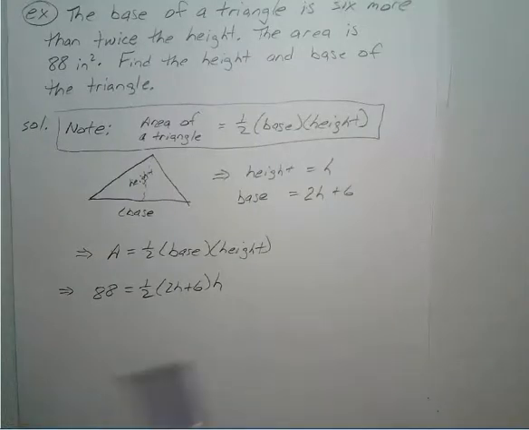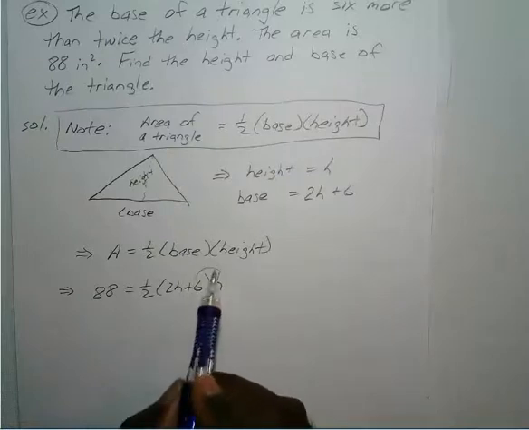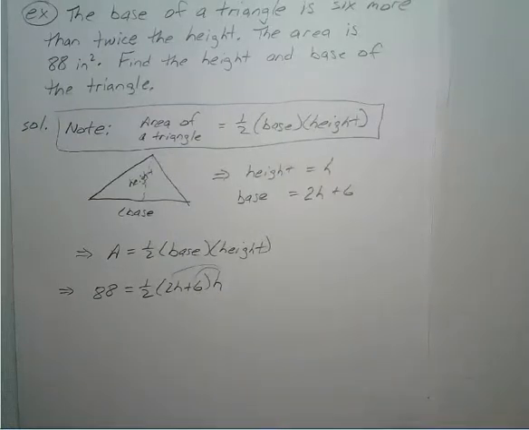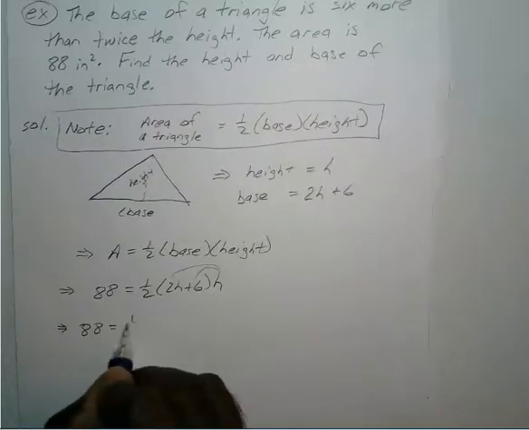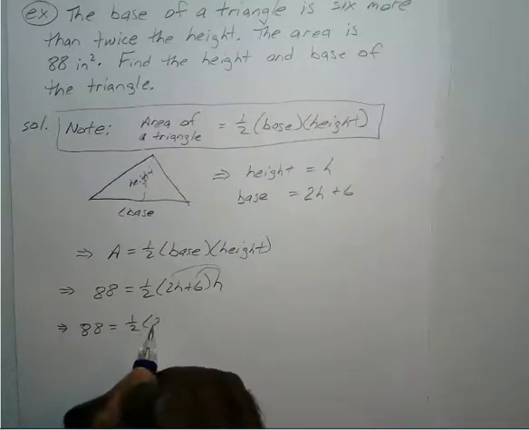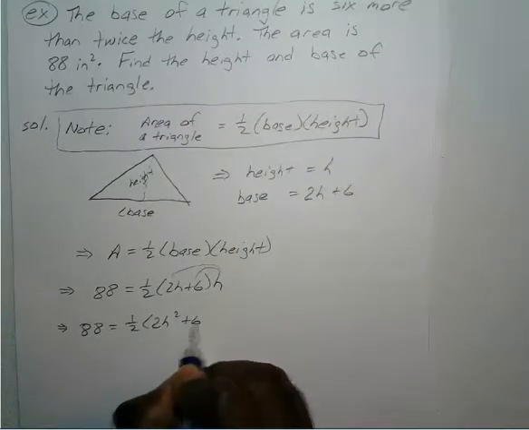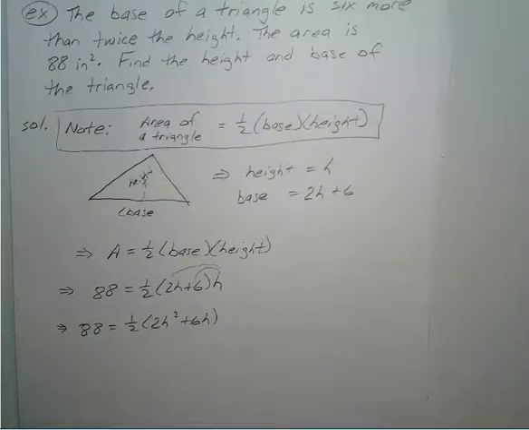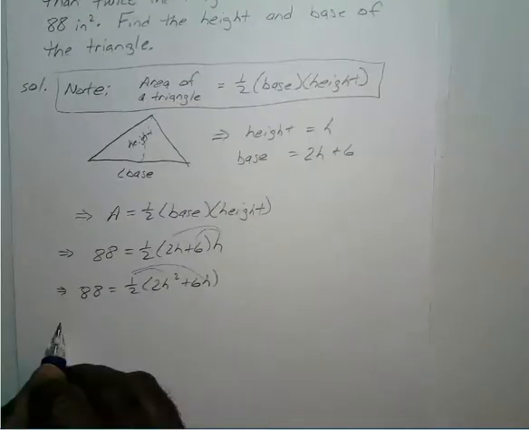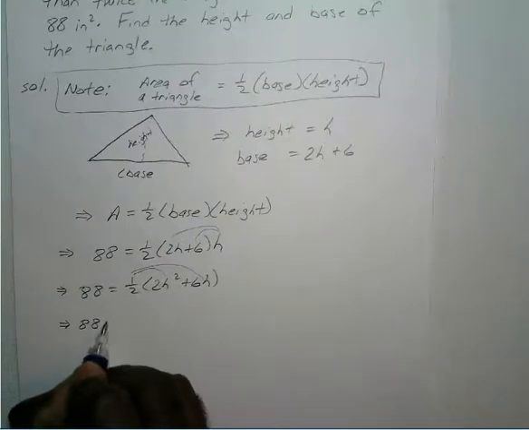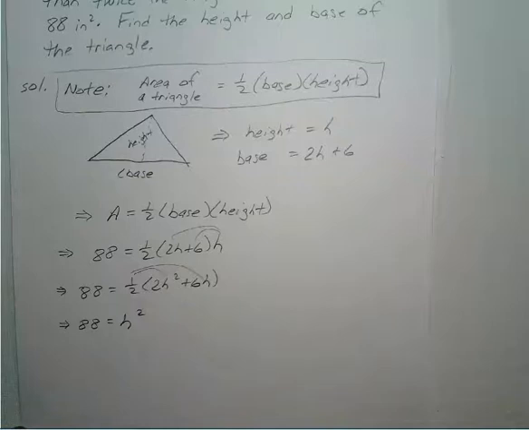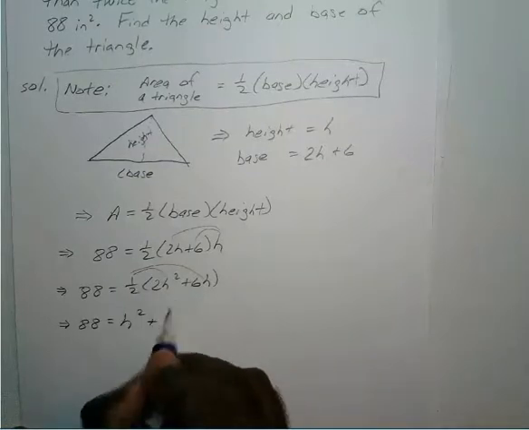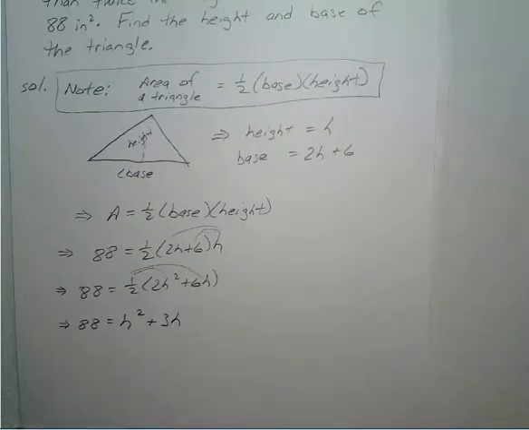Now we can start distributing to get rid of those parentheses. If we distribute the h, we have 88 equals 1/2 times 2h squared plus 6h. And if we distribute the 1/2, that would give us 88 equals 1/2 times 2 is 1, so that's just h squared, plus 1/2 times 6 is 3, so that's 3h.